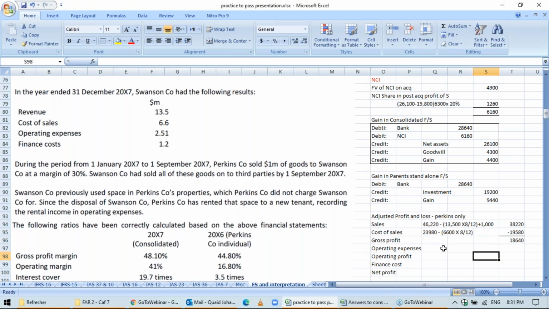And then operating expenses. Okay, so let's move on to operating expense.